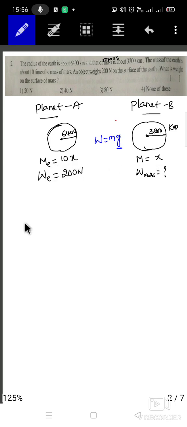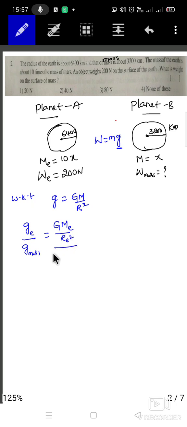Now, first of all we know that g is equal to capital G capital M by r square. This is the relation between acceleration due to gravity, mass and radius. They also gave the mass and radius, these two. G is constant. So here we need the relation gE by g Mars. For gE, capital G remains constant, ME by RE square.